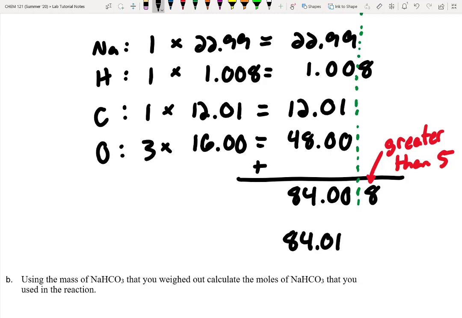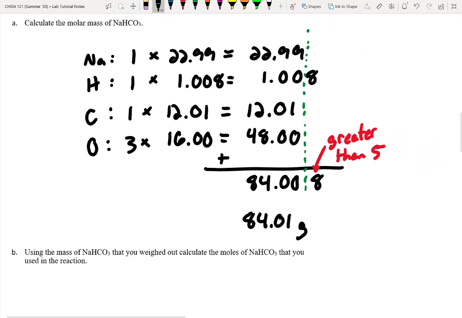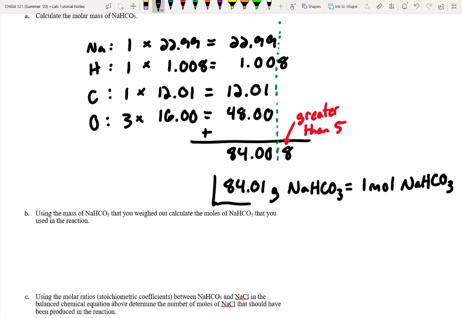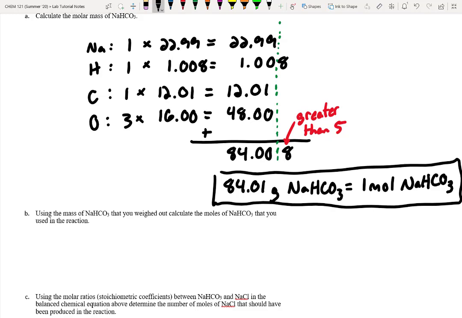And what does this tell us? Well, it tells us that there's 84.01 grams of sodium hydrogen carbonate in 1 mole. So let's just go ahead and plug this in. So this is important to include.